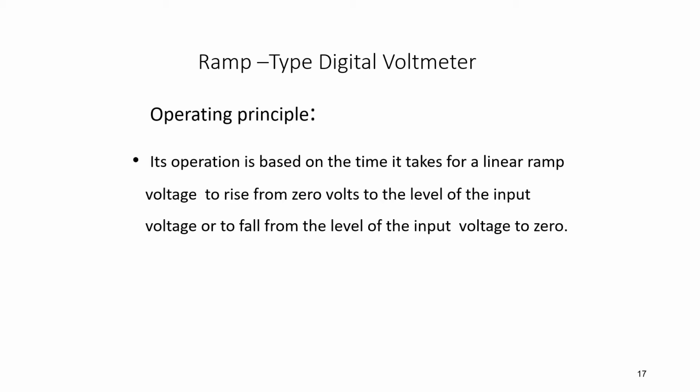So whatever instrument we are using, whether it may be a voltmeter, whether it may be a frequency meter, whether it may be LCR meter, whichever signal, the type of signal, we want to measure the voltage, whether we want to measure the frequency, whether we want to measure the L, C or R, whatever it is, the signal is first converted from analog to digital. We have studied, we know different types of analog to digital converters, which is given to the signal processing unit and then finally to the display unit.